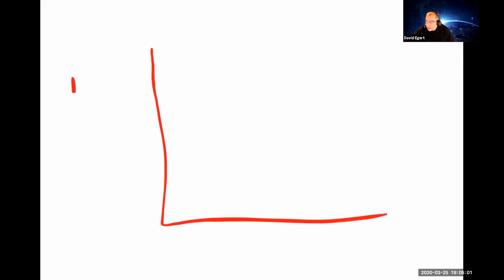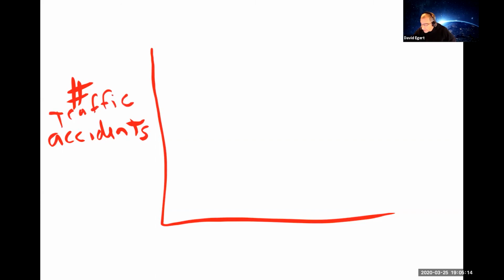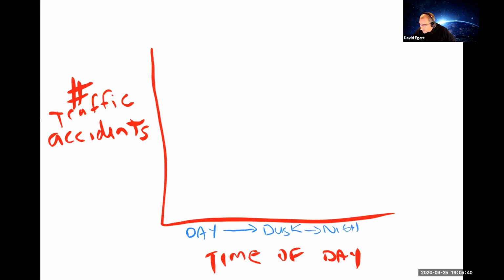If you look at number of traffic accidents and time of day, and you have day, to dusk, to night, the amount of traffic accidents tends to go up at dusk and back down at night.